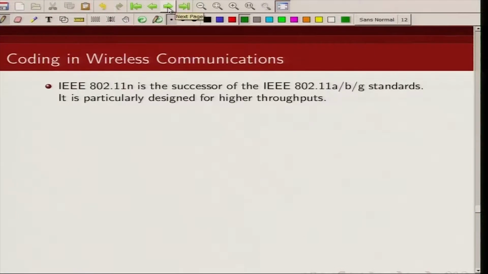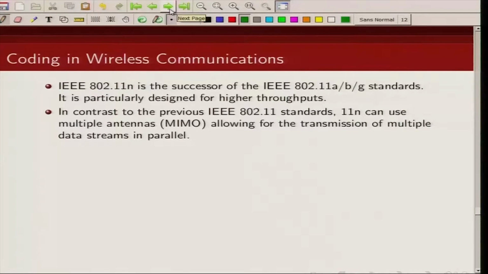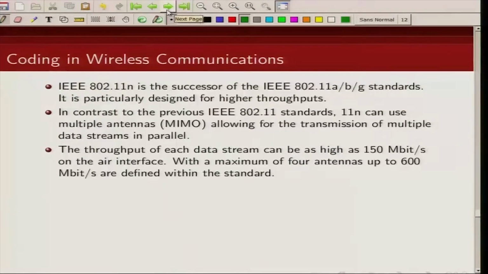Now, let us move to applications in Wi-Fi. So, IEEE 802.11n, which is a successor of IEEE 802.11a, b and g, supports multiple antennas for transmission. So, you could get about 150 Mbps in each data stream.